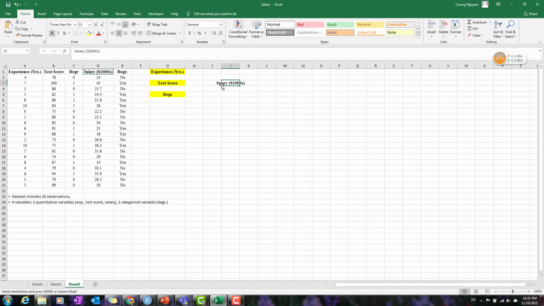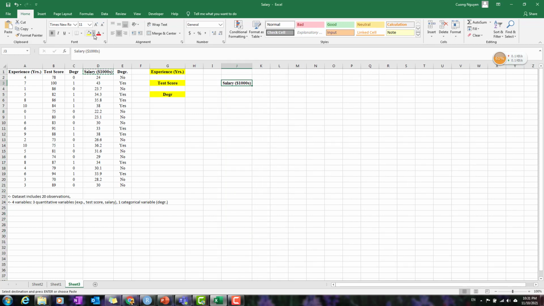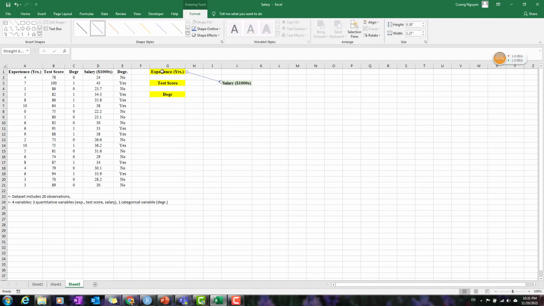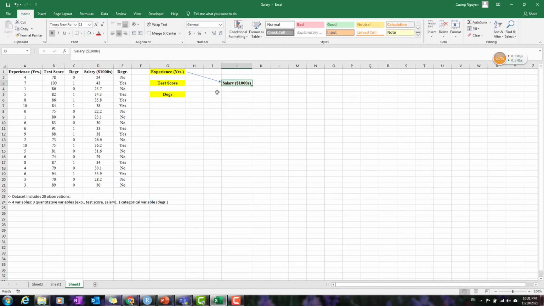And we want to see if the experience has an impact on salary. That makes sense, right? The more years of experience you have, the higher the salary should be. Yeah, that makes sense a lot.